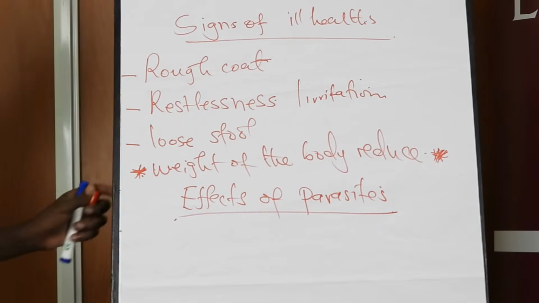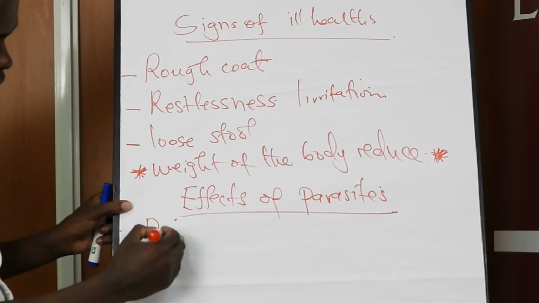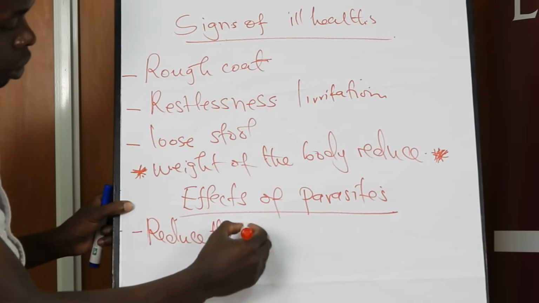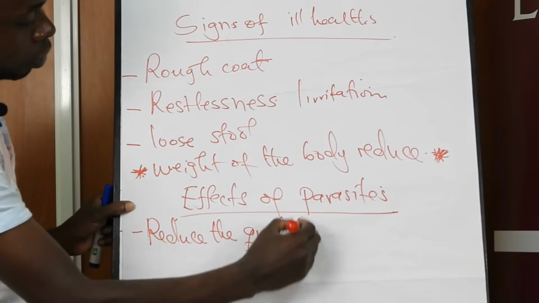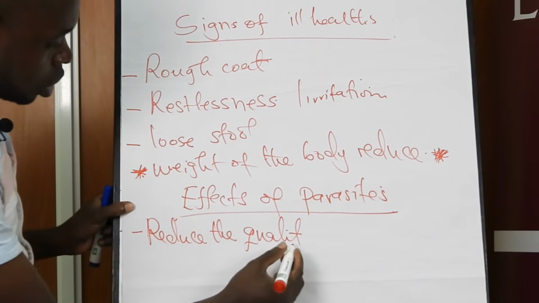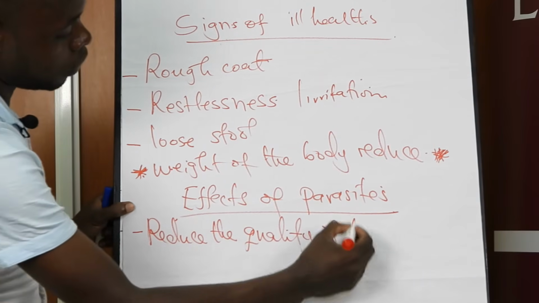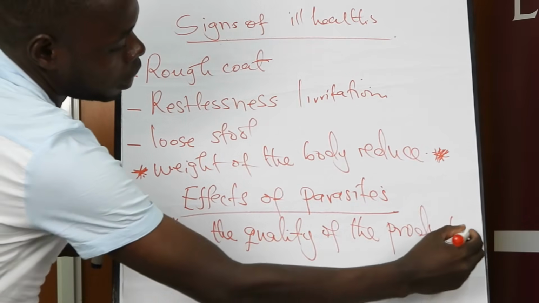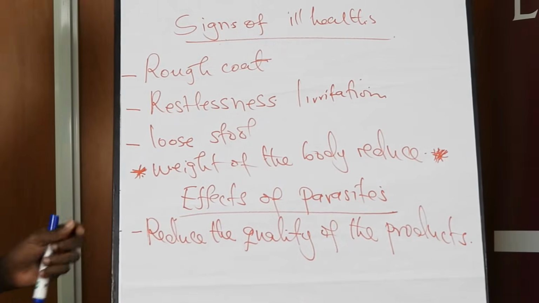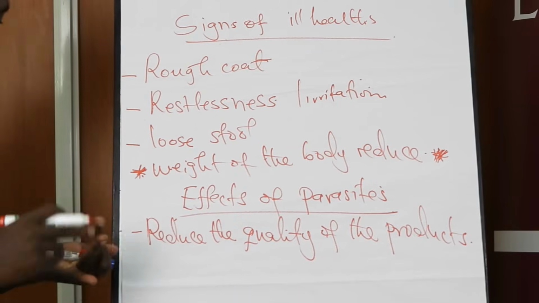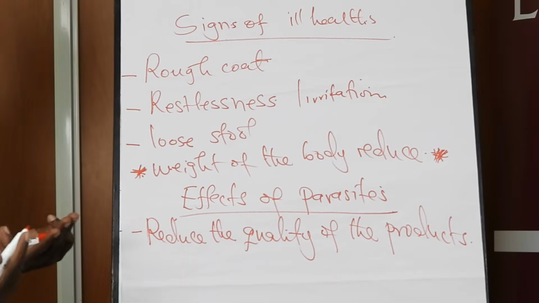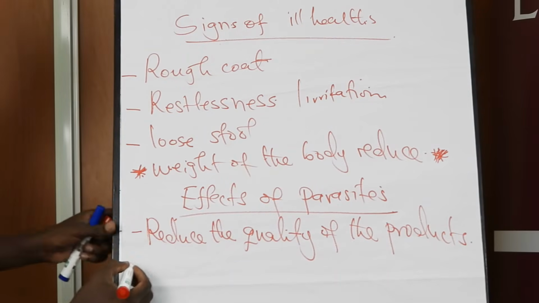One, reduce the quality of the products. And what are these products? We have products such as the skin, the hide, we even have the meat. So the quality of the product of the animal is reduced.